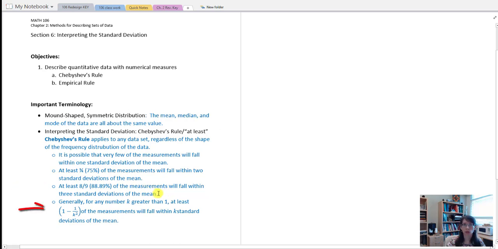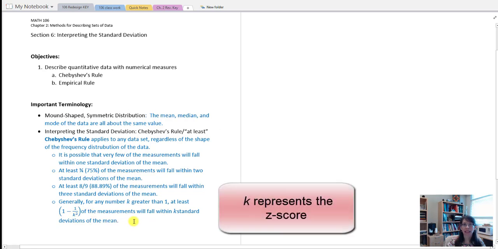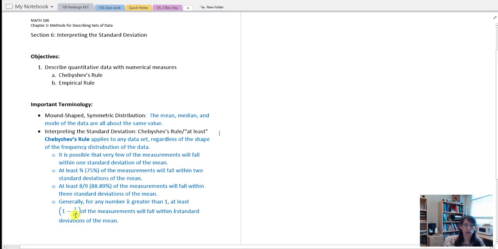Beyond 3 standard deviations, we have Chebyshev's inequality, which is 1 minus 1 over k squared of the measurements will fall within k standard deviations of the mean. So the letter k represents your z-score. If you're talking about 2 standard deviations within the mean, you could substitute 2 for the letter k.